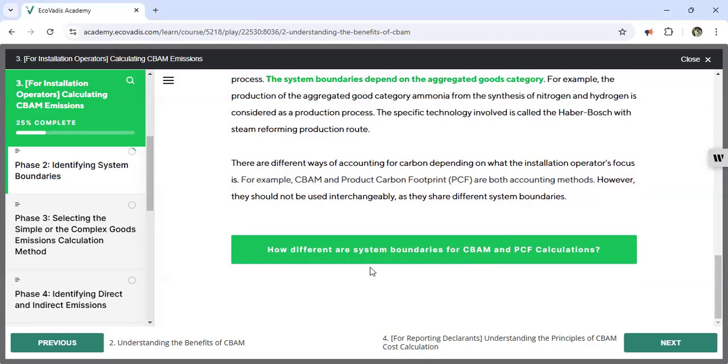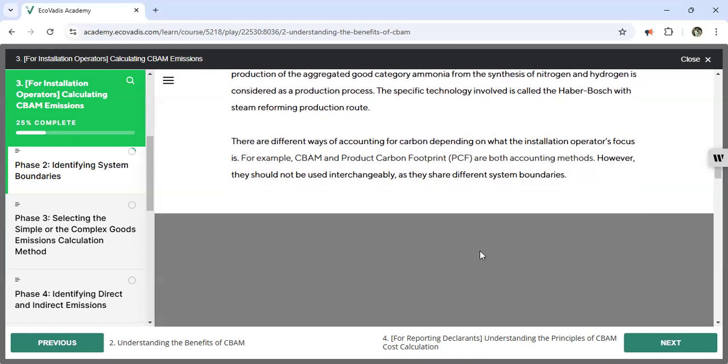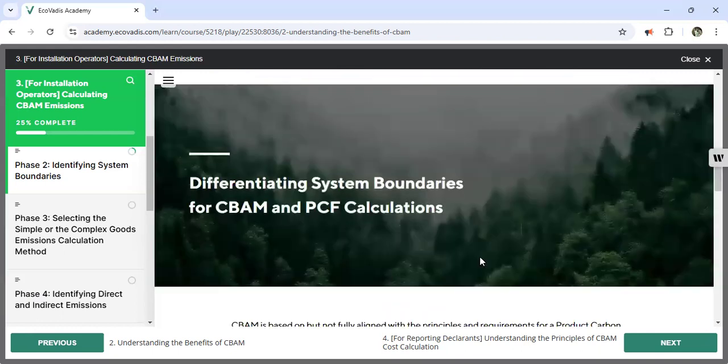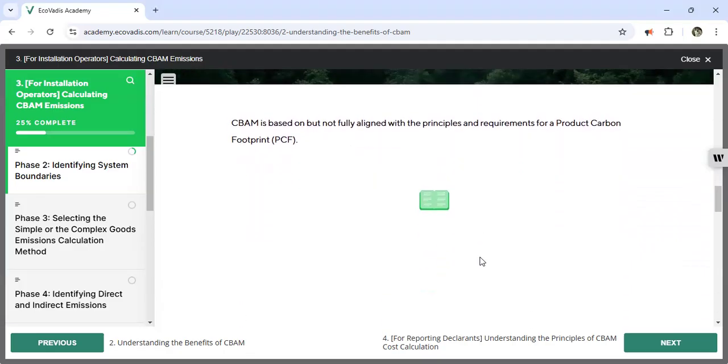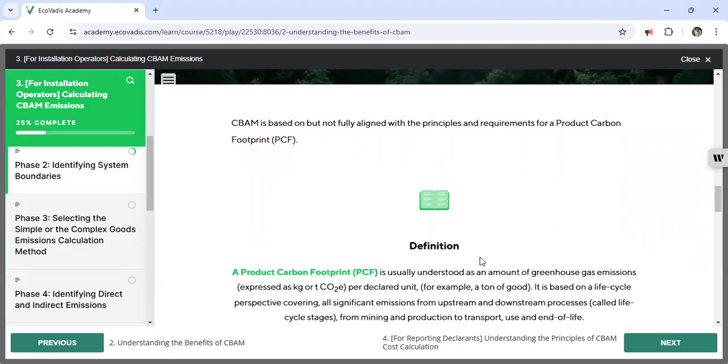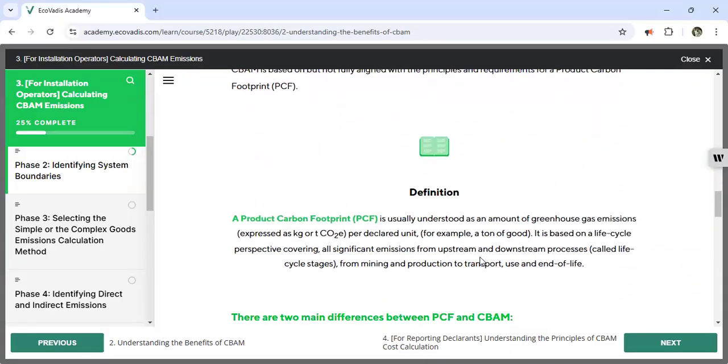How different are system boundaries for CBAM and PCF calculations? Differentiating system boundaries for CBAM and PCF calculations. CBAM is based on, but not fully aligned with, the principles and requirements for a product carbon footprint, PCF.